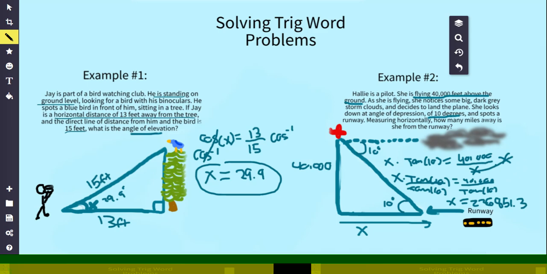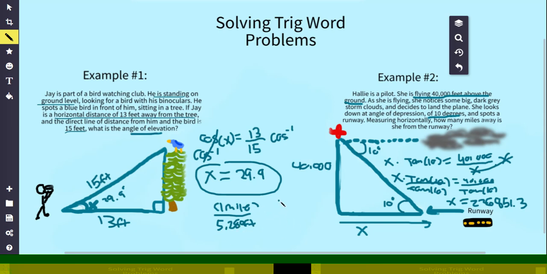So we can convert it to miles now because it wants to know in miles. So in 1 mile there are 5,280 feet. Because of that, we can divide this long number by 5,280 because that's how many feet there are in 1 mile.